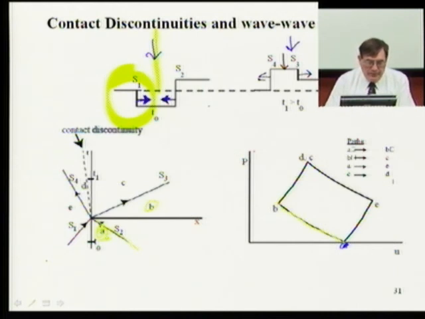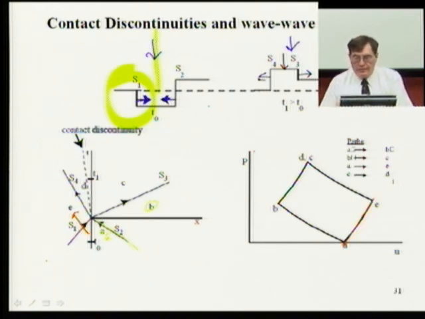And if you went from A to E, let's use a different color, now we're in state A and we're going to cross this shock that's a forward-facing shock, so it goes from A to E. Remember, this is A, and so it has to be on a forward-facing PU curve, and this one had to be on a backward-facing PU curve.